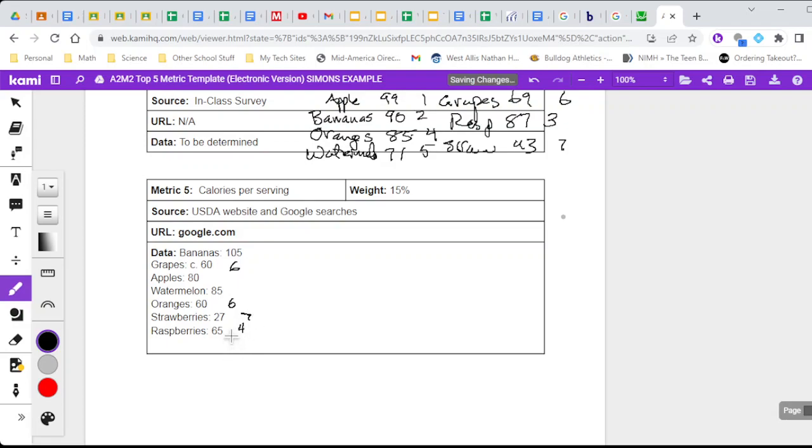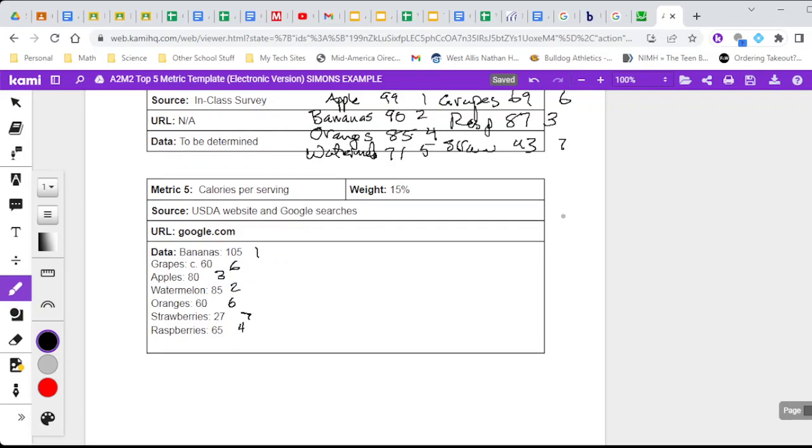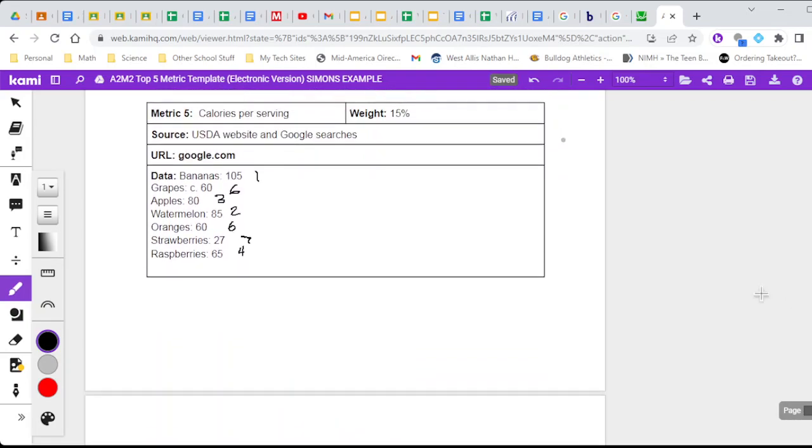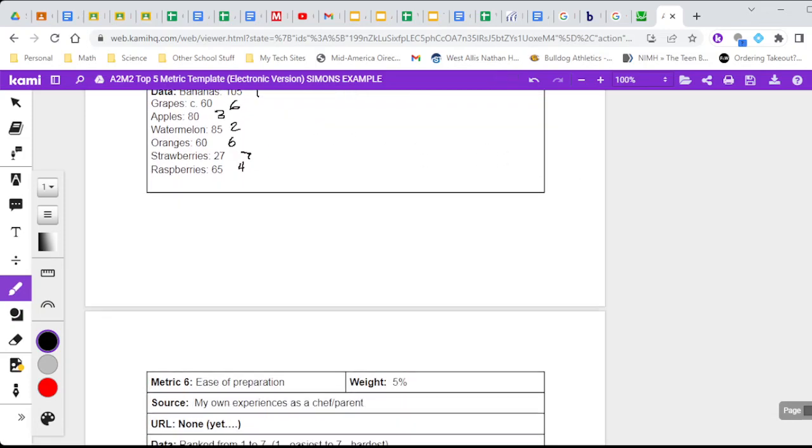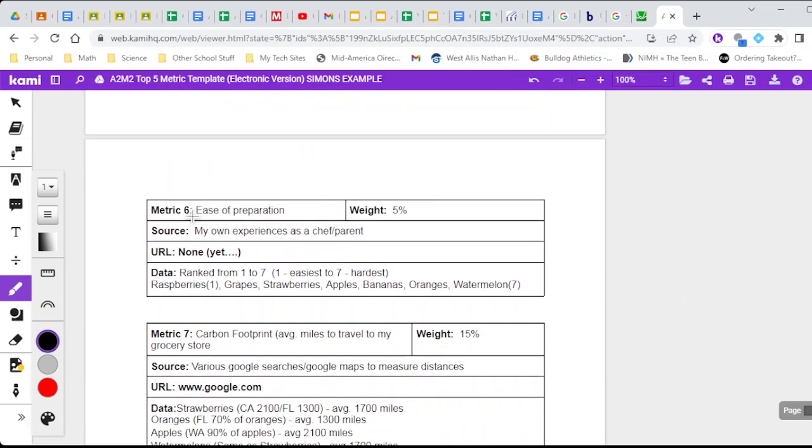Okay, that's what you do when you have a tie. And then 3rd place would be apples, 2nd place would be watermelon, and last place would be bananas. So 7 is 1st place, 1 is last place. All right, it seems a little backwards, but that's how it goes.